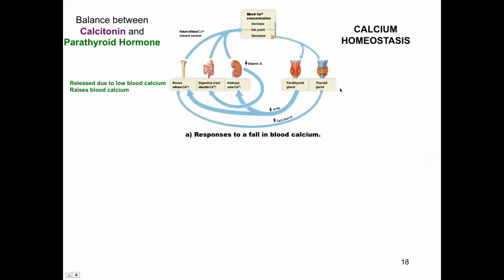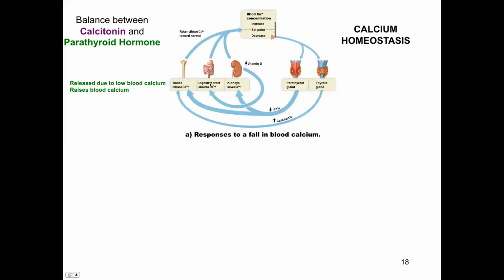So again, parathyroid hormone. So this is our balance, right? Remember, in my key here, green is parathyroid hormone. This is one we just talked about, right? So how one hormone can have more than one effect on the body. What is it going to do? Well, it's released due to low blood calcium.